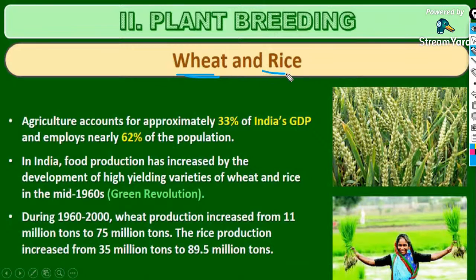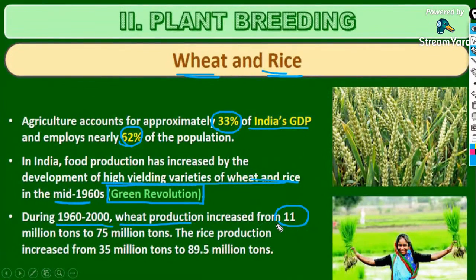Next is wheat and rice. Agriculture accounts for approximately 33% of India's GDP and employs 62% of the population. I told you about wheat and rice: the Green Revolution produced high yielding varieties of rice and wheat in the mid 1960s. During 1960 to 2000, wheat production increased from 11 million tons to 75 million tons.